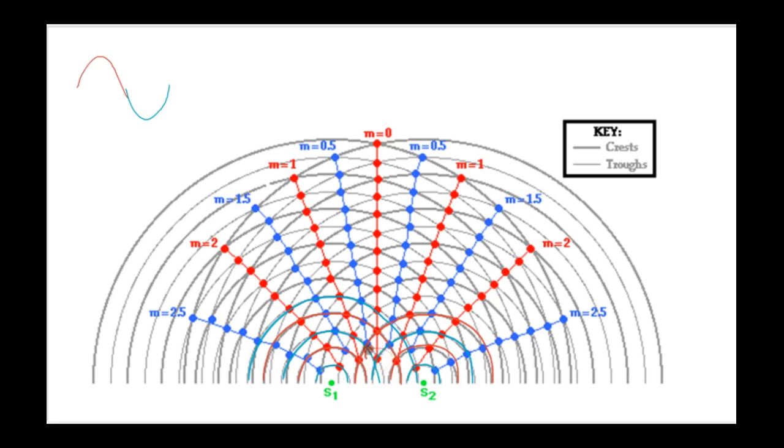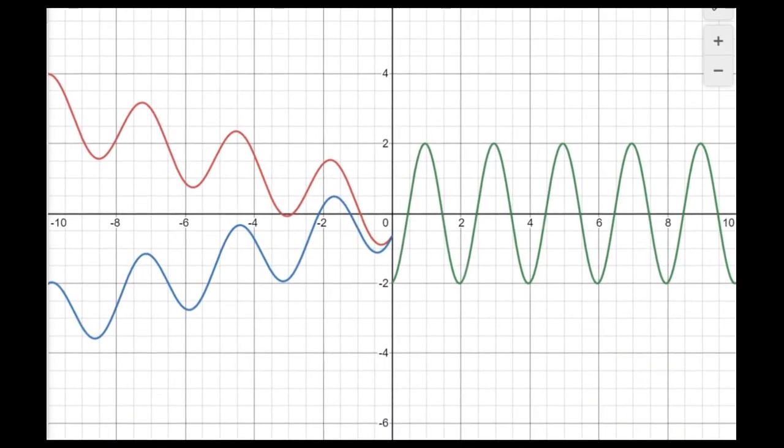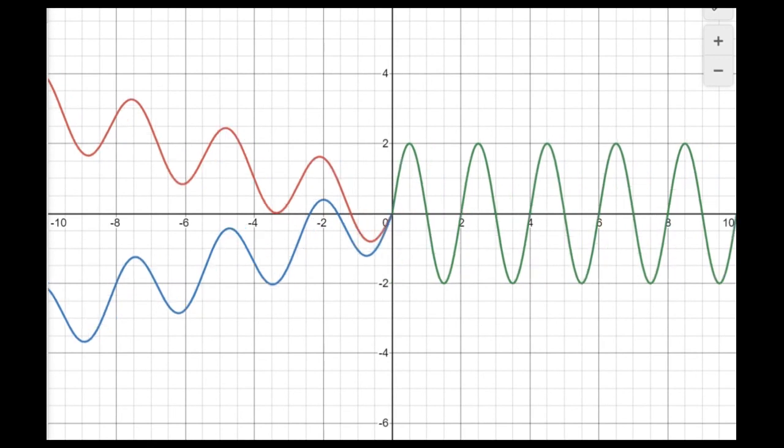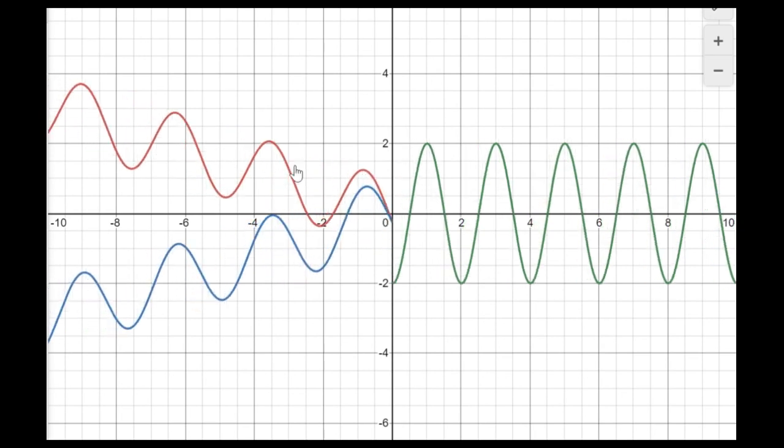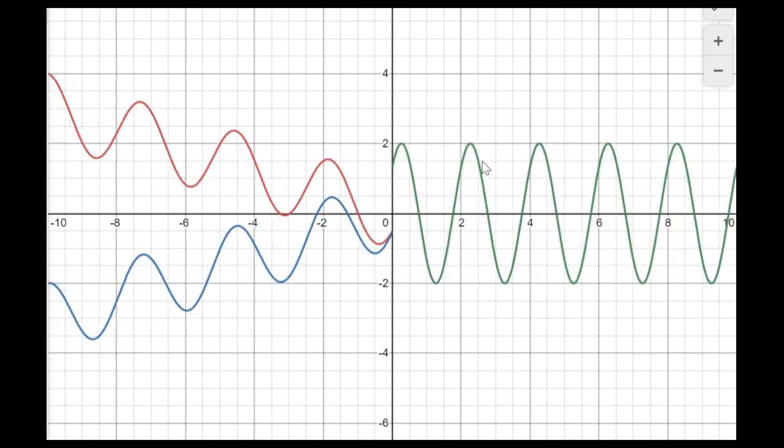Now, when trough, crest, trough, and crest, trough, and crest superpose each other, then in that case what happens? Then you will get a resultant wave which has the maximum intensity.